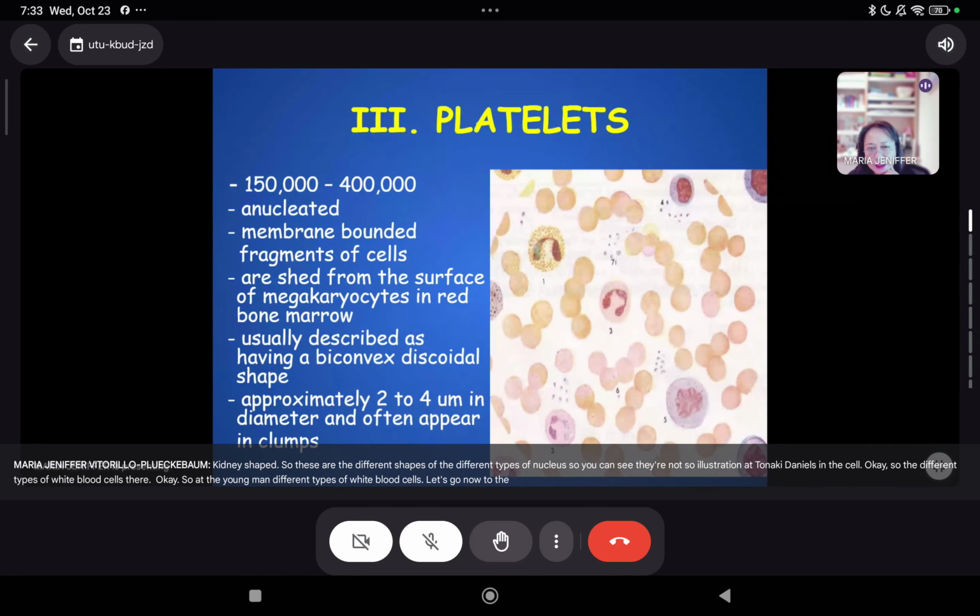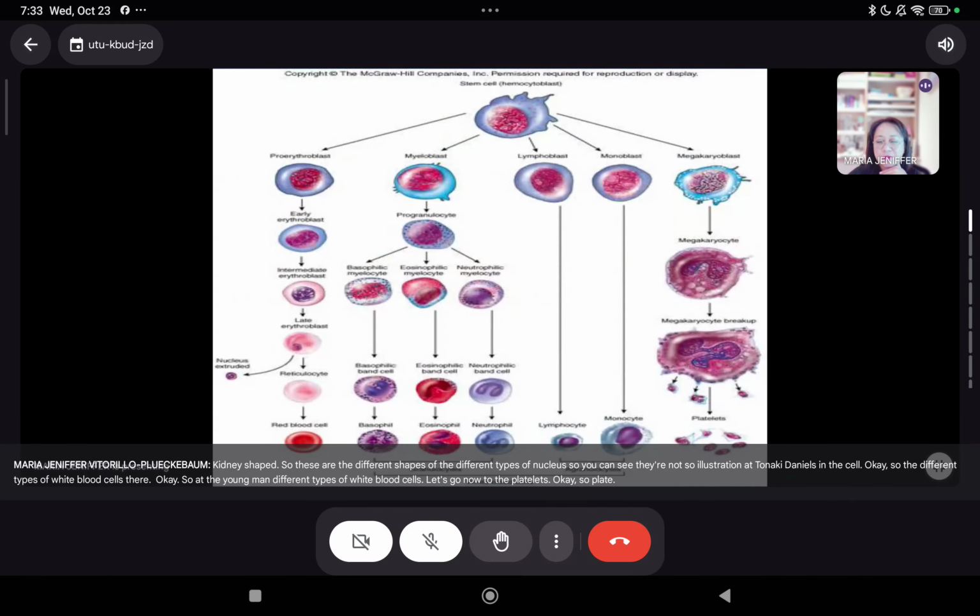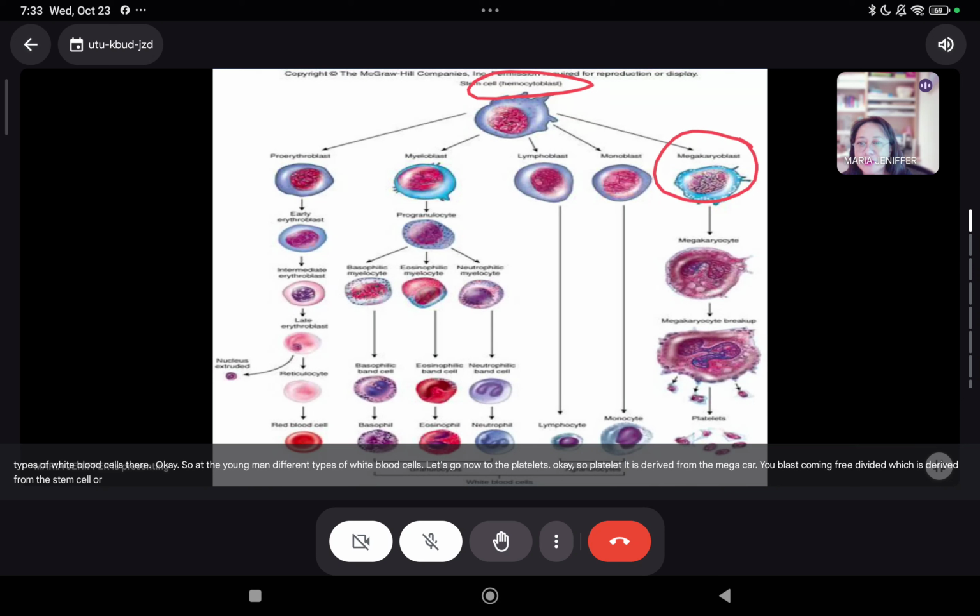Let's go now to the platelets. Okay, so platelet, it is derived from the megakaryoblast, which is derived from the stem cell or the hemocytoblast. And then it will now divide to become the megakaryocyte.